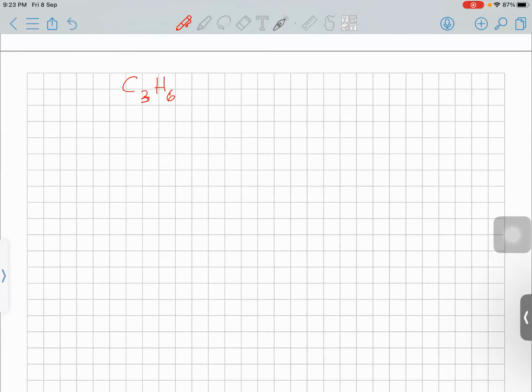Sir, 1:2. So carbon and hydrogen, 3:6, which is 1:2. So CH2 is the empirical formula. And this is called the molecular formula.